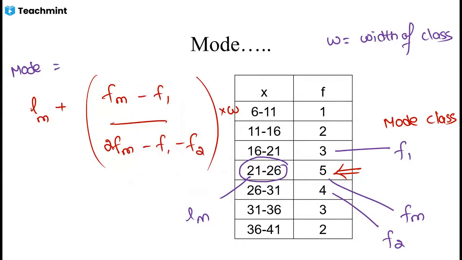LM is 21. You got all the data, right? Instead of calculating the median, you can use this also. You can calculate mode and mean, and you can calculate the median using that. As we know, the relationship is mode is 3 times median minus 2 times mean. We can use this also to calculate the other one.